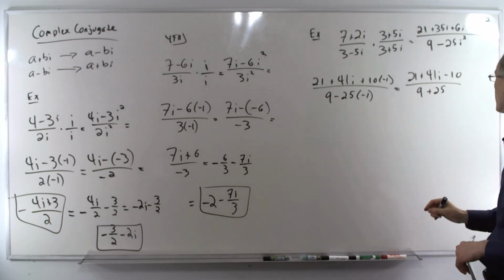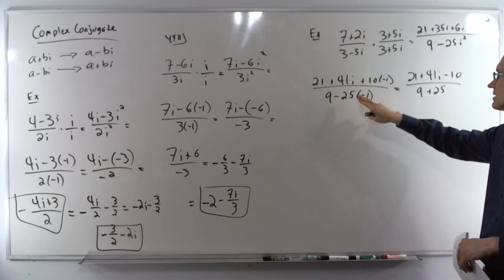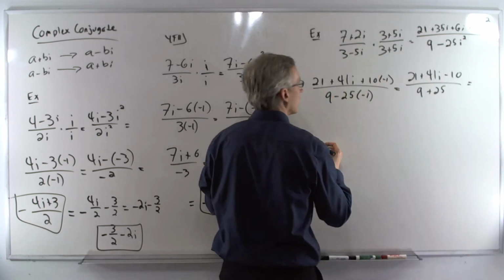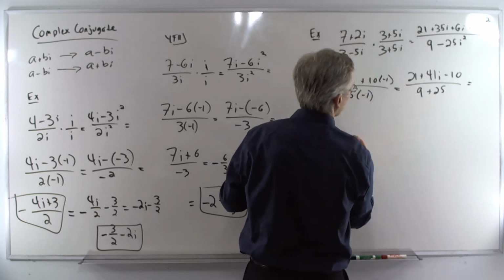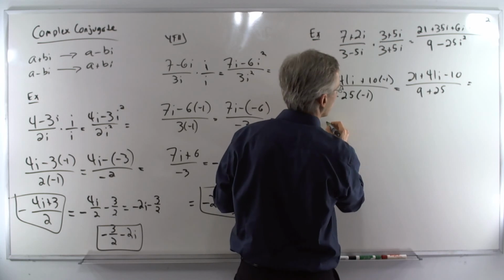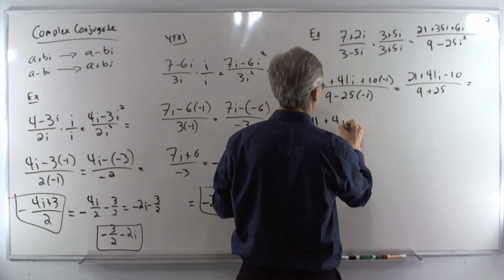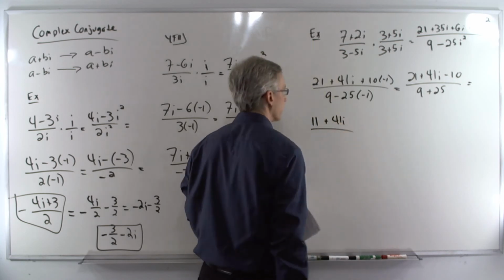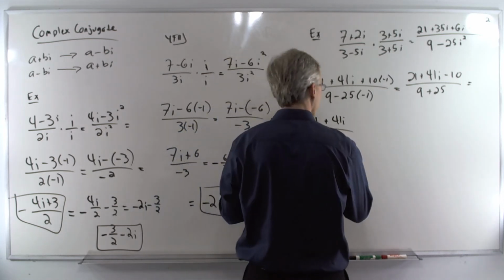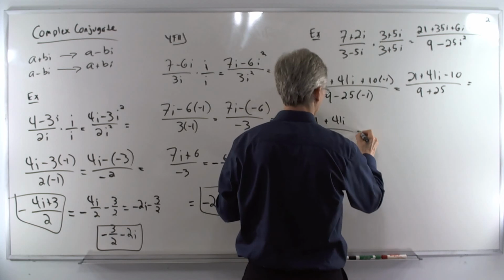I'm going to skip a step there. 9 minus negative 25 is 9 plus 25. So that gives us 21 minus 10 up top. So we got 11 plus 41i on top. Then 9 plus 25 is 34.